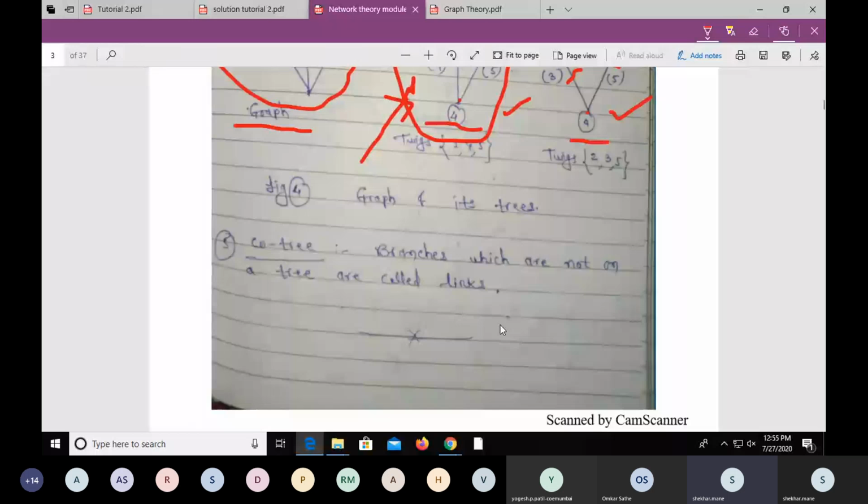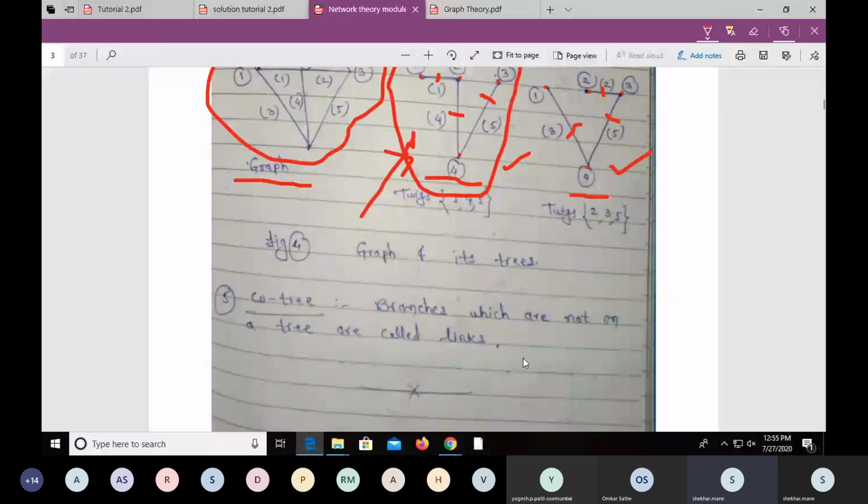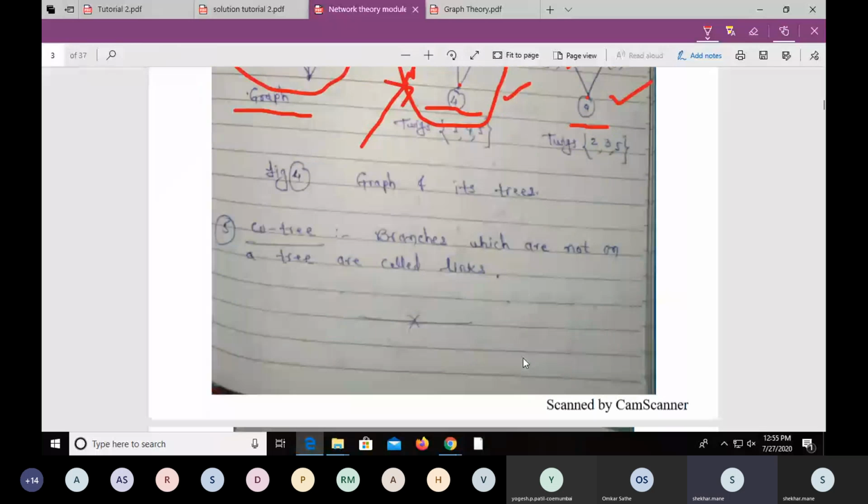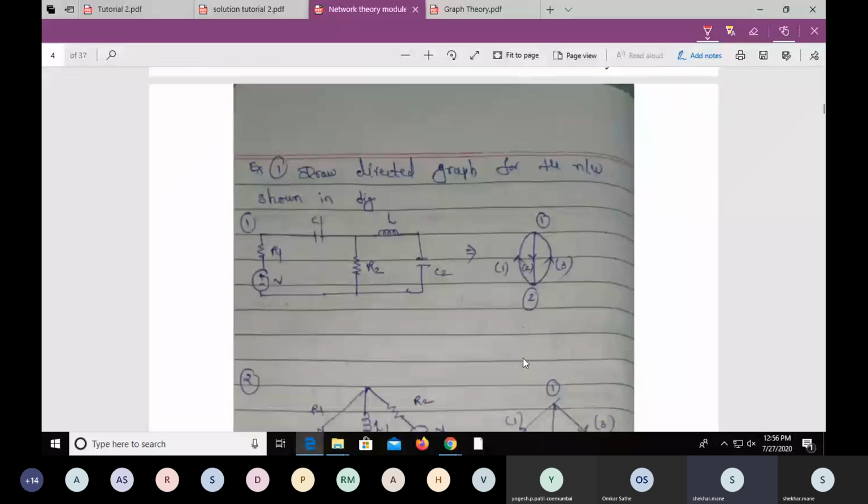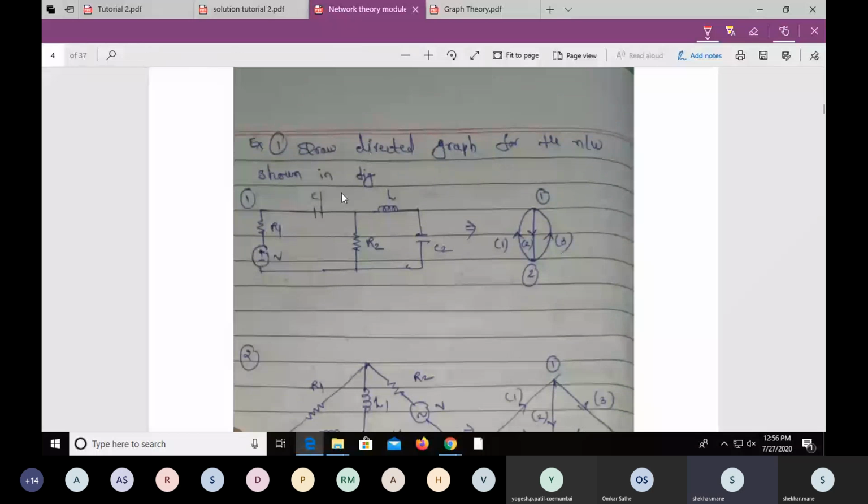So they are called links. We will see an example.